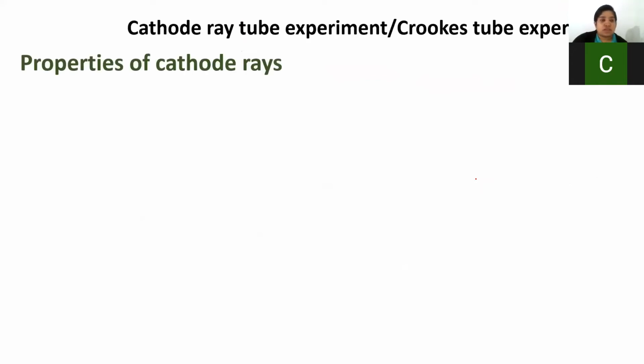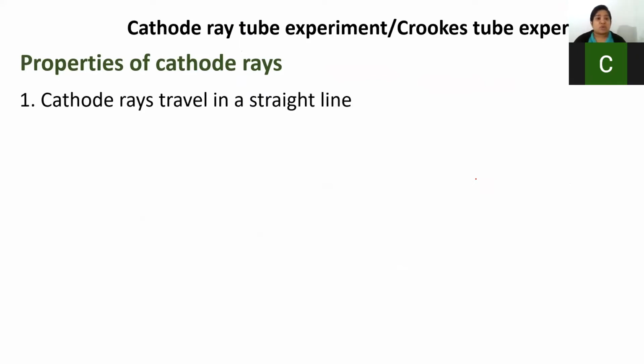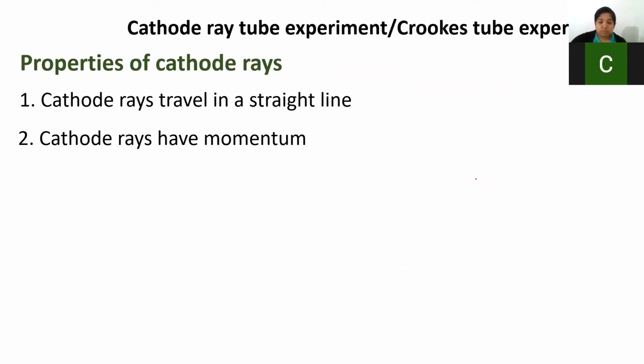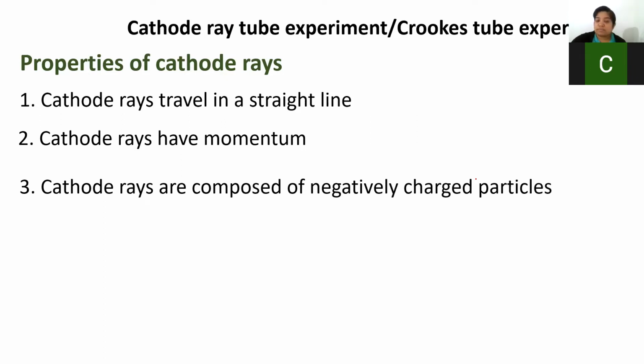Now, let's sum up the properties of cathode rays. The cathode rays, you have seen, travel in a straight line. How do we know that? They make shadows. And then the cathode rays have a momentum. They can spin a paddle wheel. And cathode rays are composed of negatively charged particles. Why did we say that? Because they deflect towards a positively charged plate.